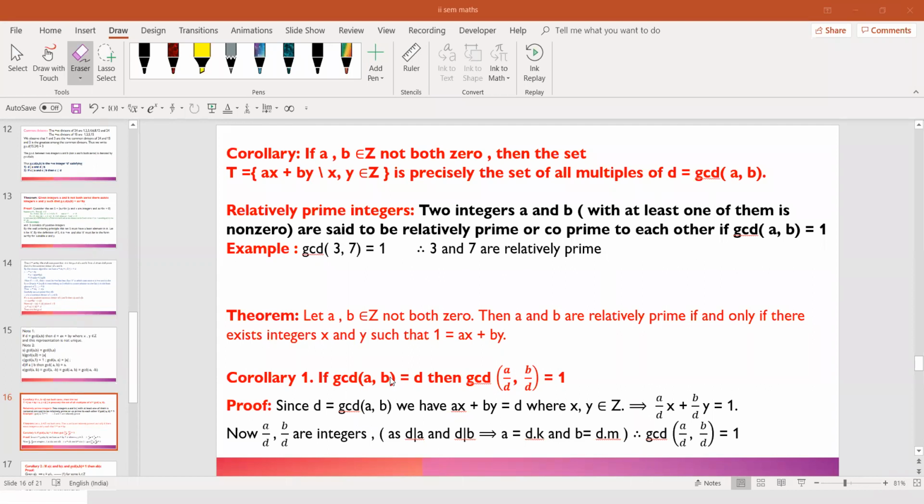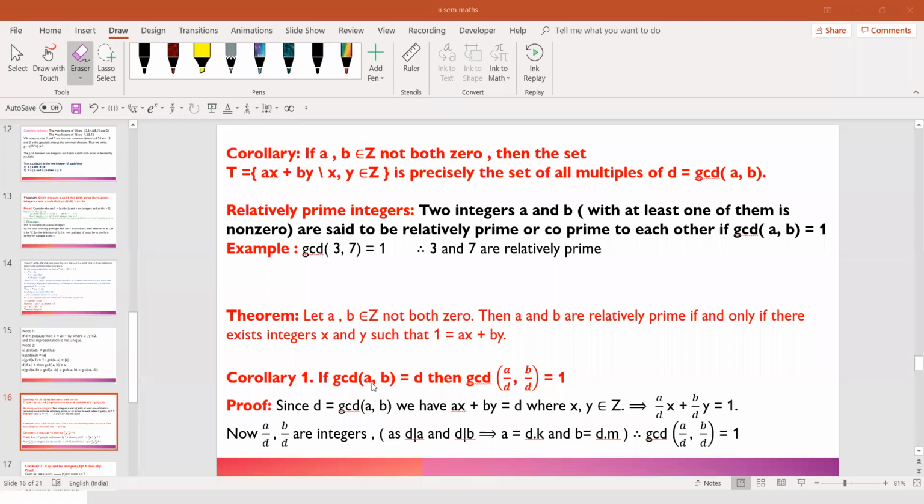Which example can I take? Take 6 and 9. What is the greatest common divisor of 6 and 9? That is 3, right?